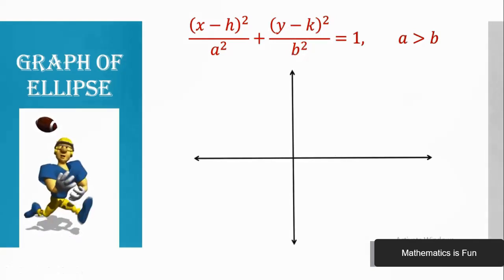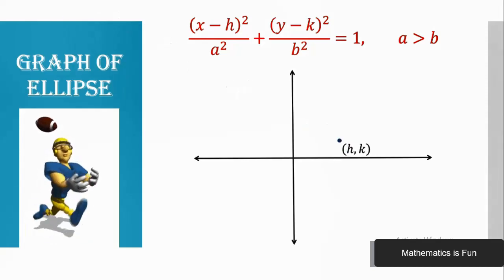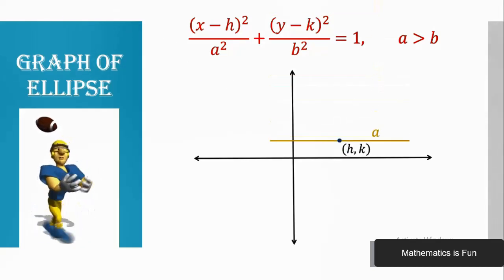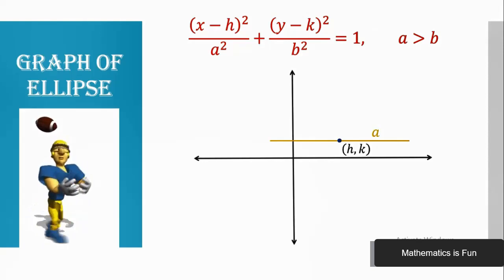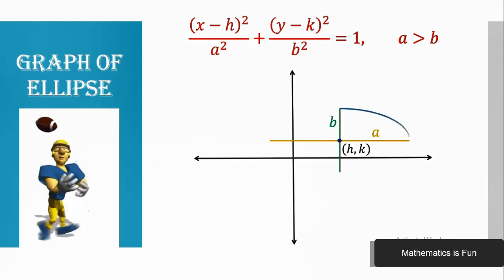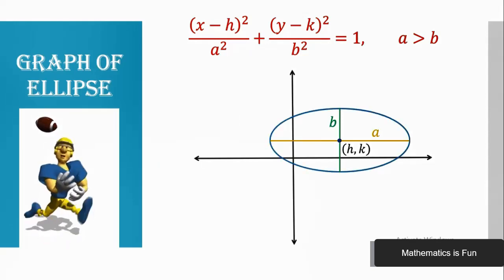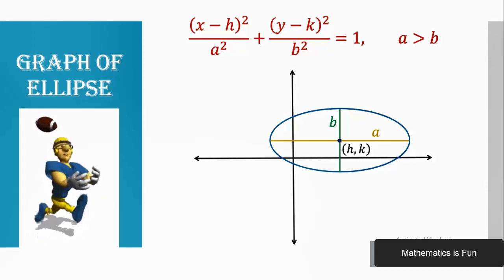Here it is the coordinate axis and this is the center of the ellipse. A is the length of the major axis and B is the length of the minor axis. So here it is the ellipse whose major axis is along the x-axis.